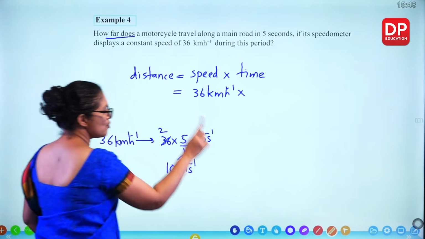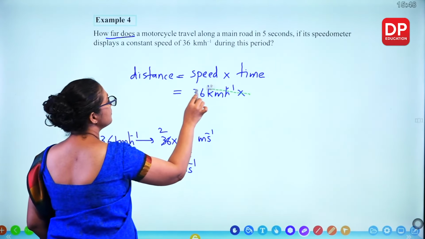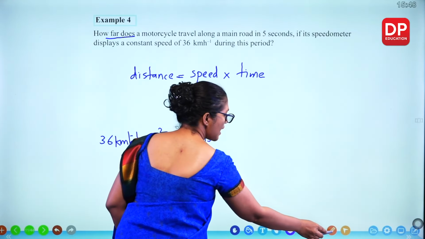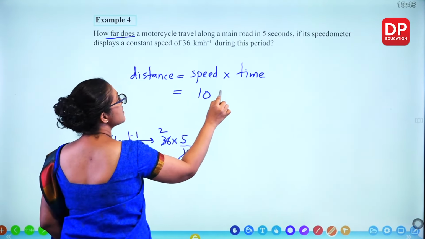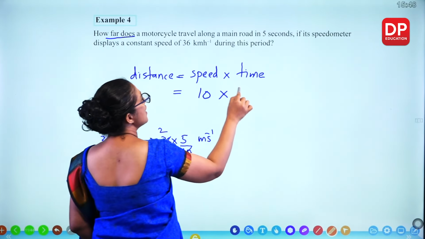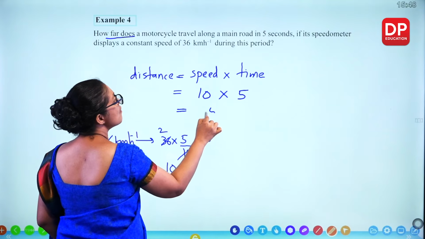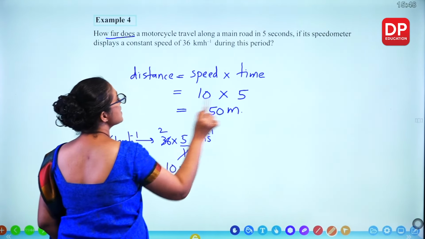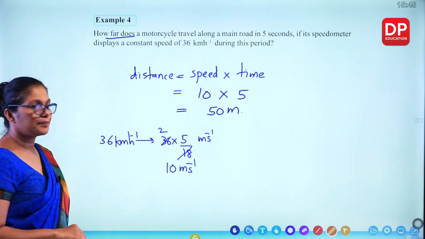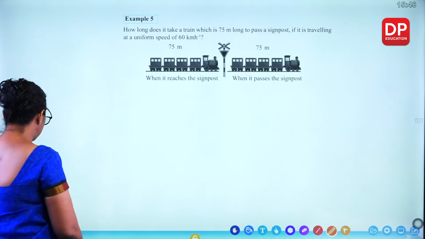So we can use that value here. So we will use 10 as the speed and the time taken is 5 seconds. 10 times 5, 50 meters is the distance.